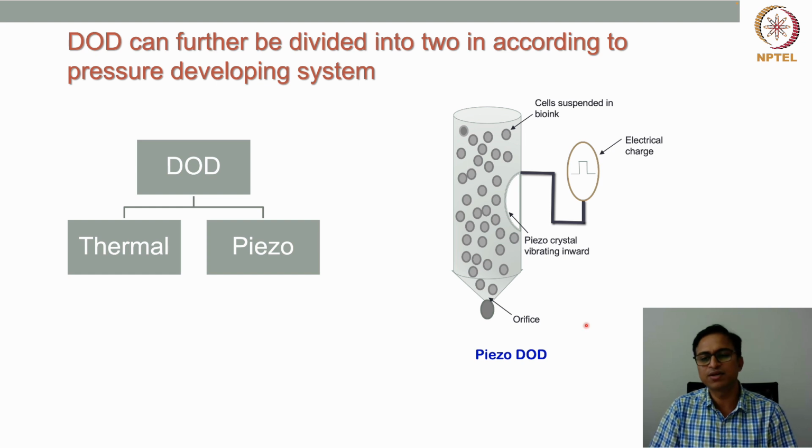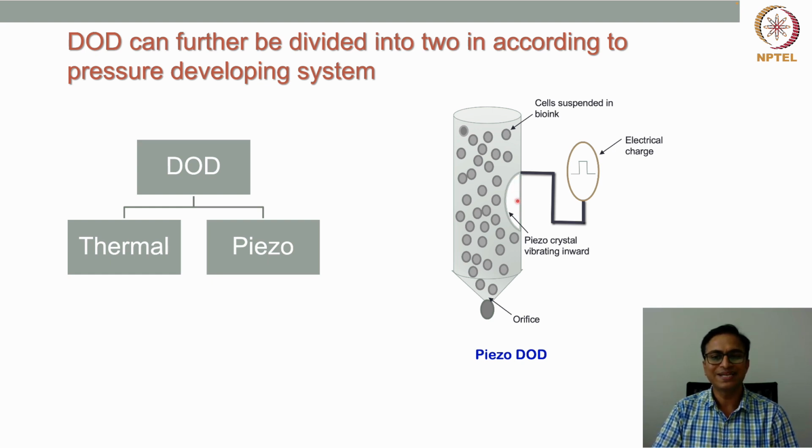The next printing technology is piezoelectric crystals, piezo based inkjet printing, where again there is the same liquid column, and inside the liquid column a piezo crystal is attached. As you know, piezo is a transducer. So whenever an electrical signal is given to the piezo, it converts into mechanical energy, so it starts vibrating.